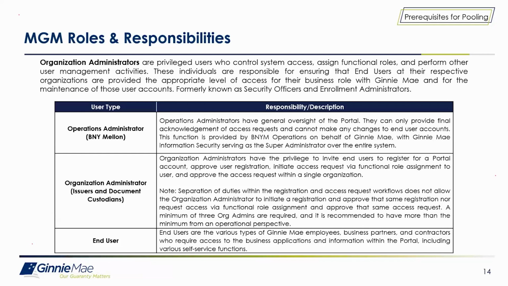When we started initially, it was 2. But Ginnie Mae cannot upgrade that. They need a minimum of 3, at least 3 org admins are required, and to have more than the minimum from an organizational perspective, that's up to you. If you want to make sure you have 10, that's fine. But Ginnie Mae wants to make sure you have at least 3.